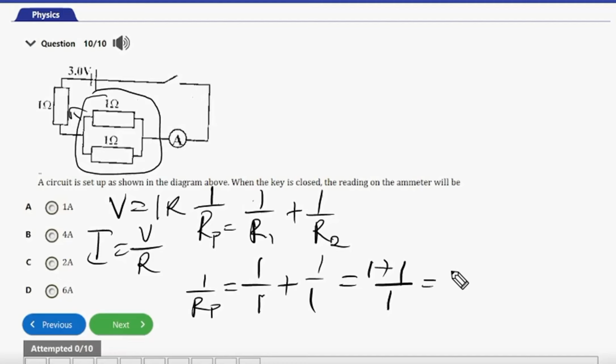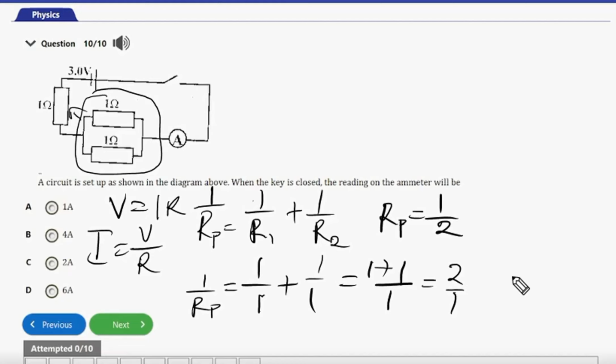So this will be 2 over 1. So if 1 over RP is 2 over 1, then RP is going to be 1 over 2. So you remember when you cross multiply, 2 RP is 1, then RP is 1 over 2.